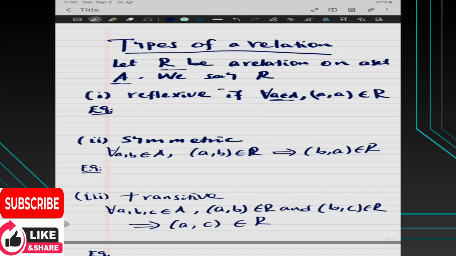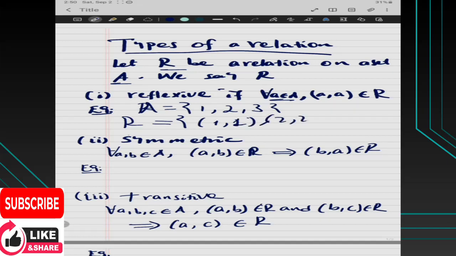For example, if A is the set containing 1, 2, 3, then we can have a reflexive relation which is given by, let's say, (1,1), (2,2), (3,3).